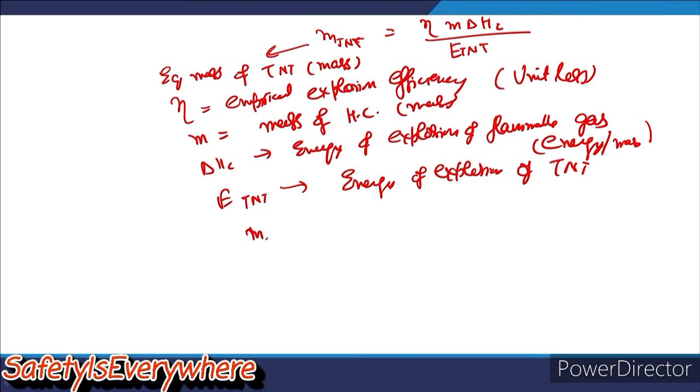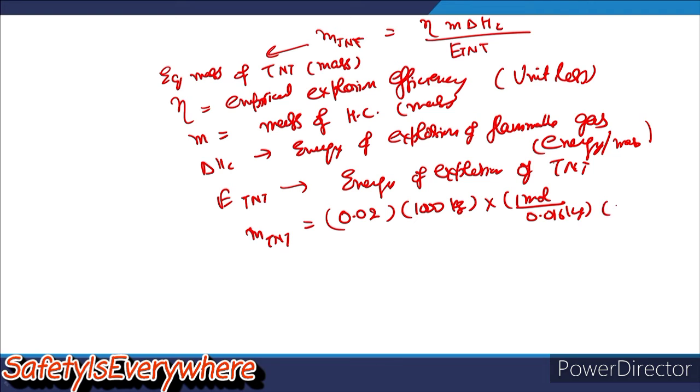So m TNT is equal to 0.02 into 1000 kilogram into 1 mole divided by 0.016 kilogram, into 818.7 kilojoule per mole, that is the delta Hc, divided by 4686 kilojoule per kilogram.